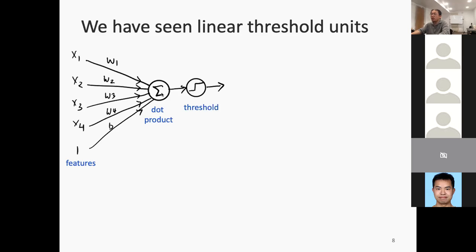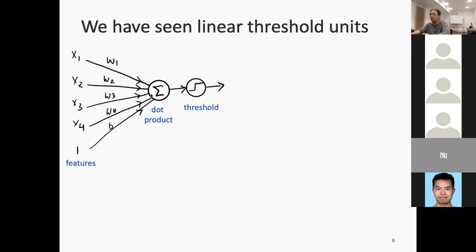The integration is done by first multiplying each feature with the associated feature weight, and then adding them together. Essentially, it does the dot product between the feature vector and the weight vector.